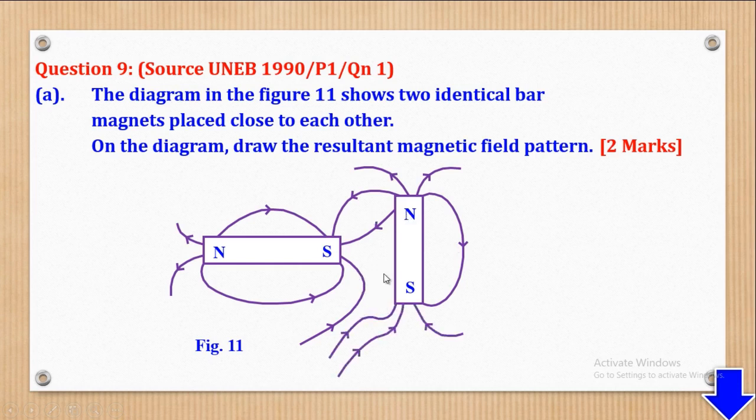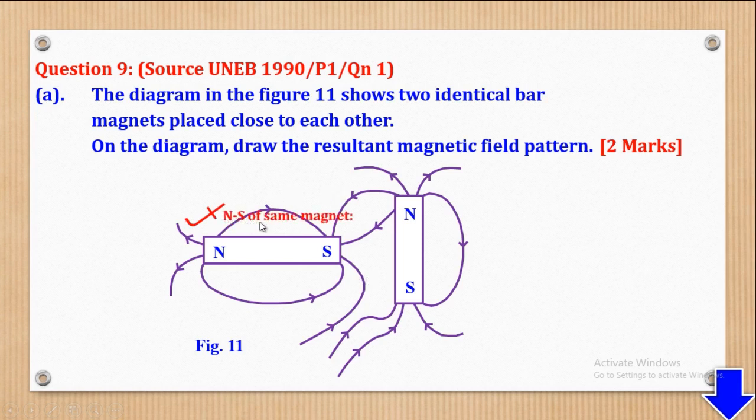So that is how the magnetic field will be. I think you realize that here there is attraction, but here there is repulsion, because these are like poles and these are unlike poles. So basically that's the field pattern they wanted, and let's see how marks can be awarded.